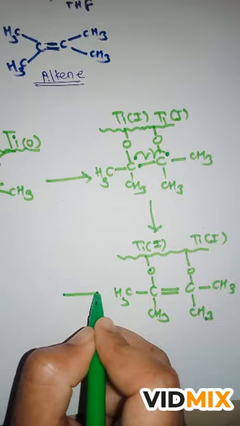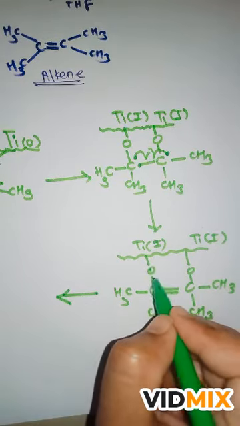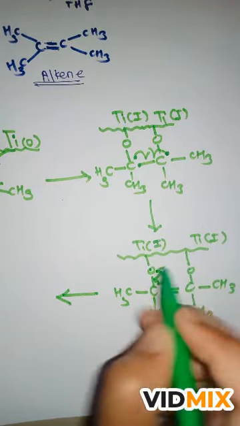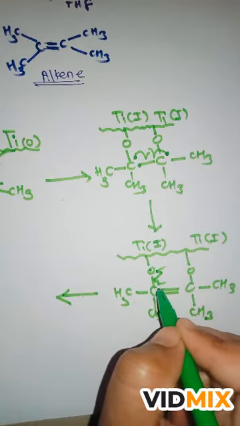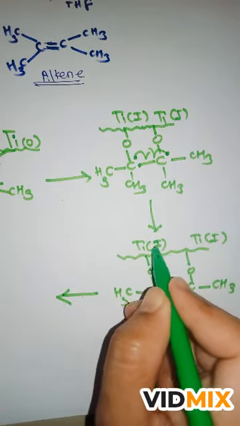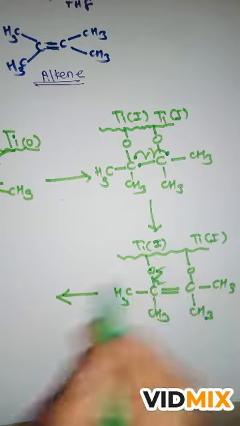In the next step, again there is homolytic cleavage of this bond and the formation of a radical here, and the double bond titanium to O here.